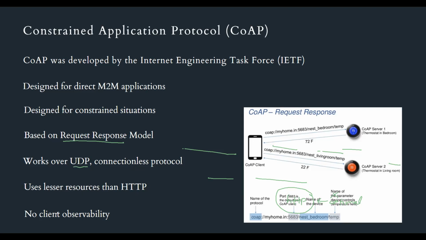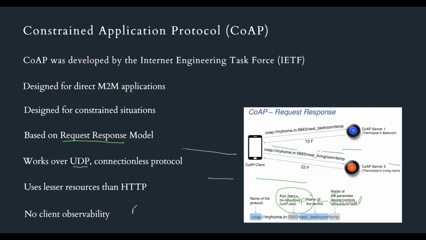The next thing is that it does not have client observability. That means it does not know which clients are in the network. It knows that there are some clients in the neighborhood, but it does not keep a count of the clients and keep monitoring them.